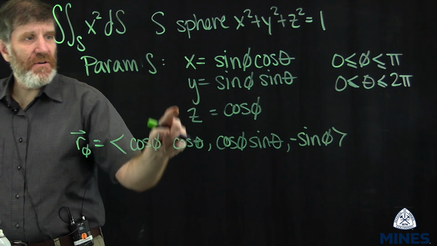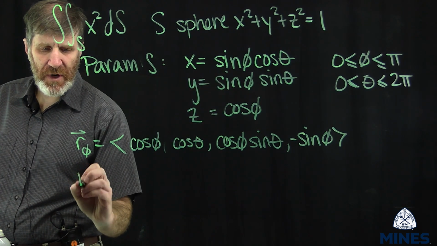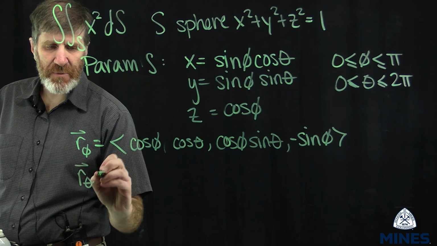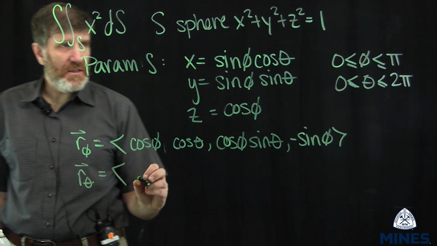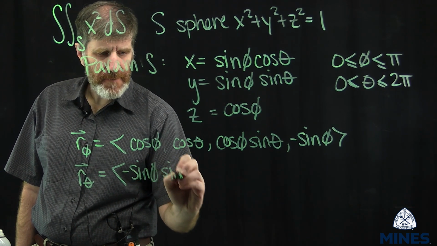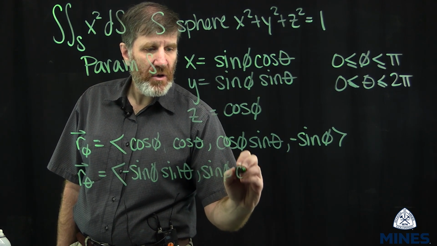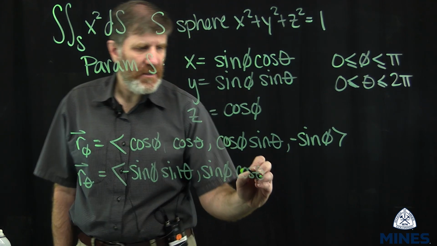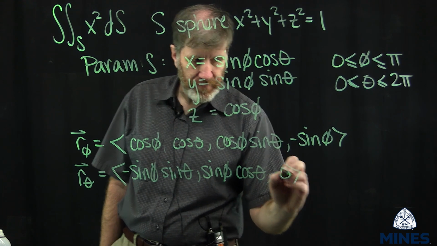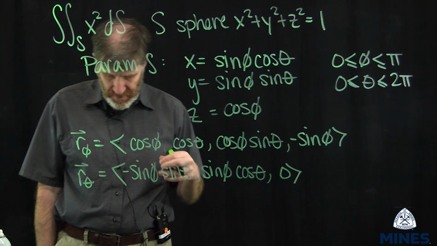If we put these into a vector r, we take the derivative with respect to the other parameter theta, and that looks like negative sine phi sine theta, sine phi cosine theta, and 0 for the z component. The derivative of cosine phi with respect to theta is just 0.